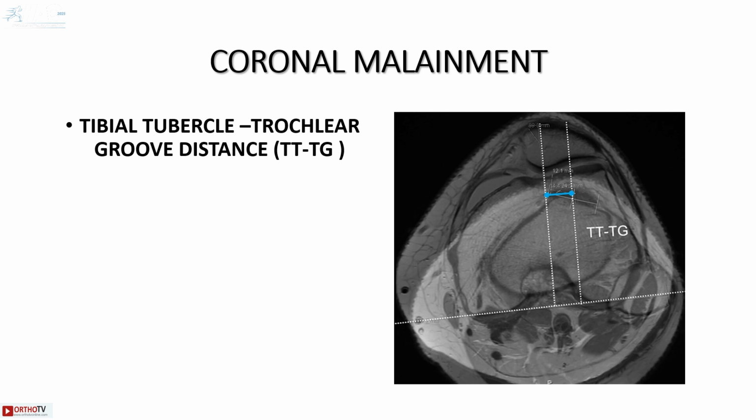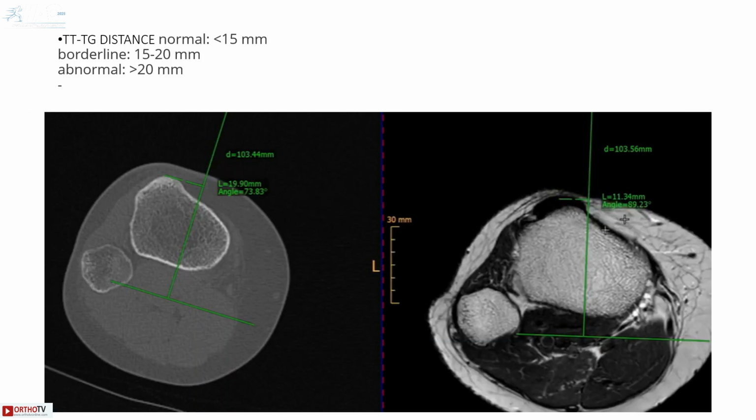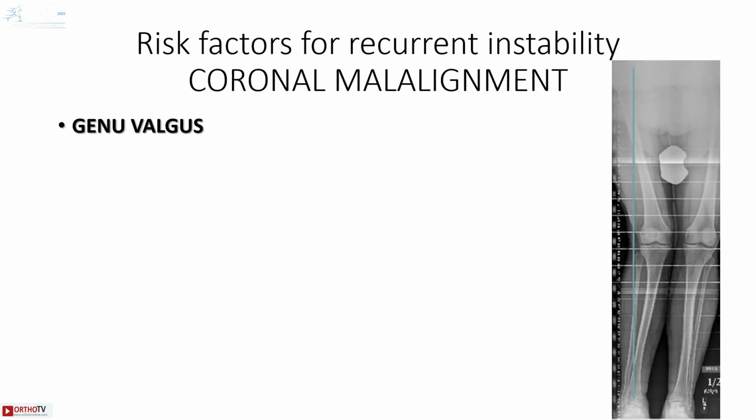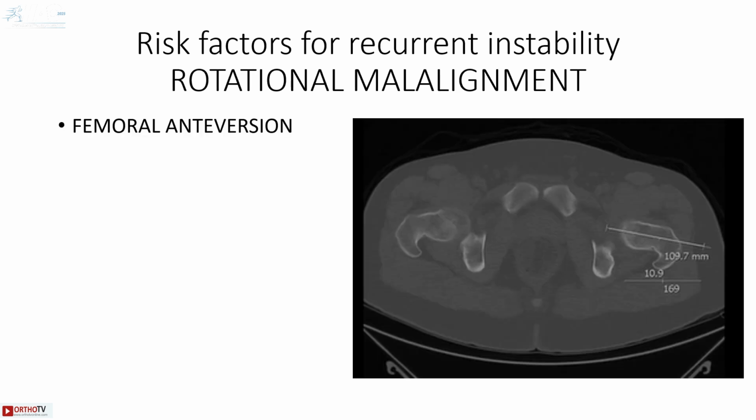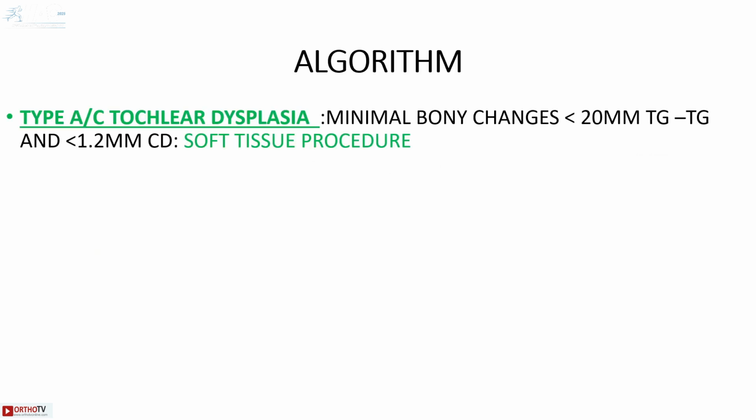Evaluate the coronal malalignment like TTTG distance, which you can find on an MRI or CT. Normal is less than 15 mm, borderline is 15 to 20, and abnormal is more than 20. You need to evaluate coronal malalignment like valgus and varus, and femoral anteversion is also a risk factor for patellar instability, and ligamentous laxity is another risk factor. These are the things you need to evaluate.